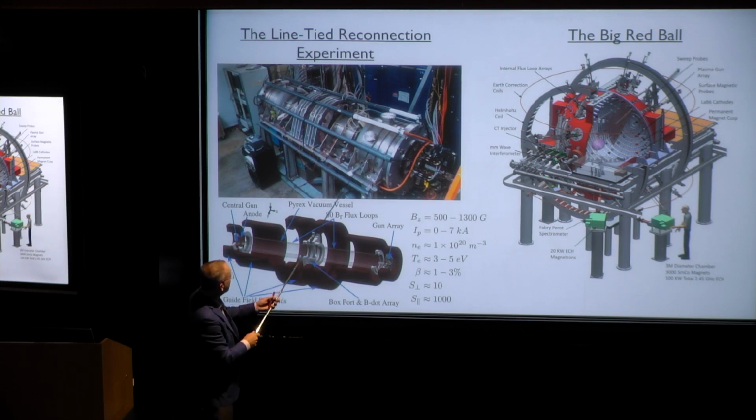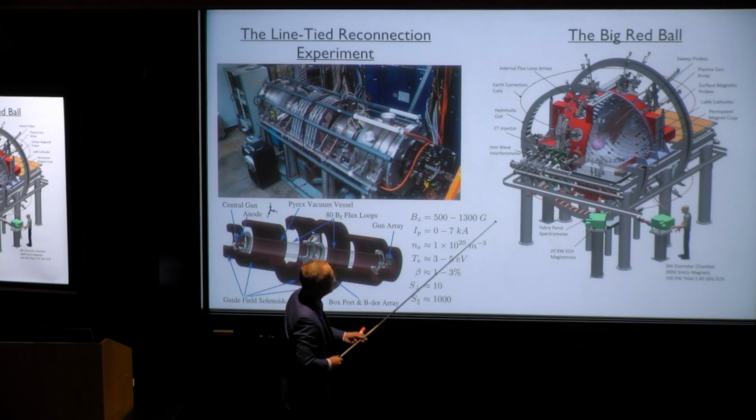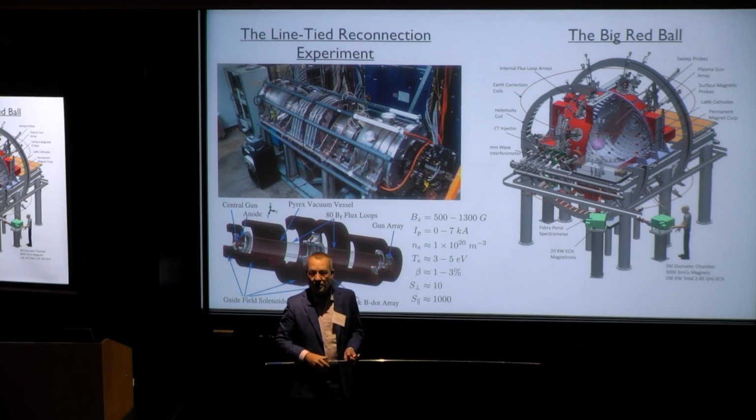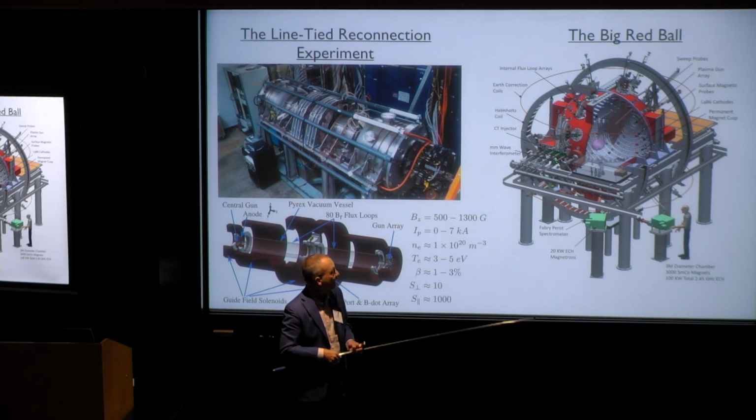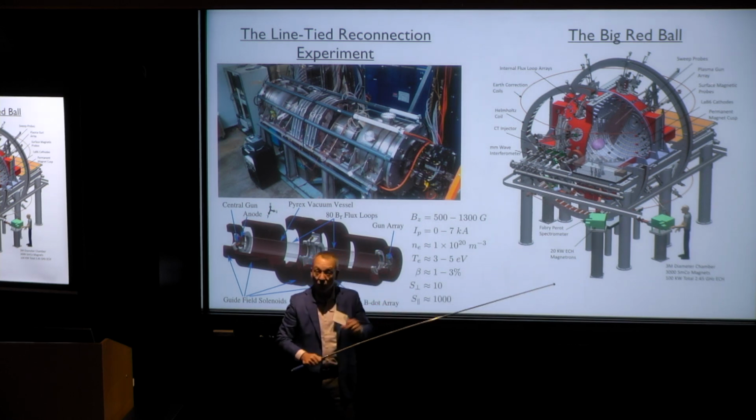So these are both vacuum vessels, so a cylindrical vacuum vessel. This is a big spherical vacuum vessel. The special feature of this is that it has some 3,000 very super strong permanent magnets that allow us to confine a hot, fully ionized gas inside without too much neutral gas. So we can make a plasma which is almost completely ionized, even without a magnetic field, because these permanent magnets cancel when you go close to the center.